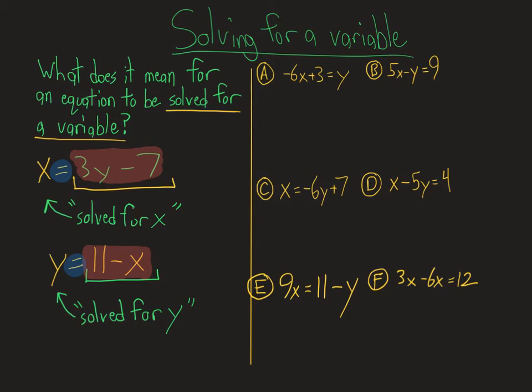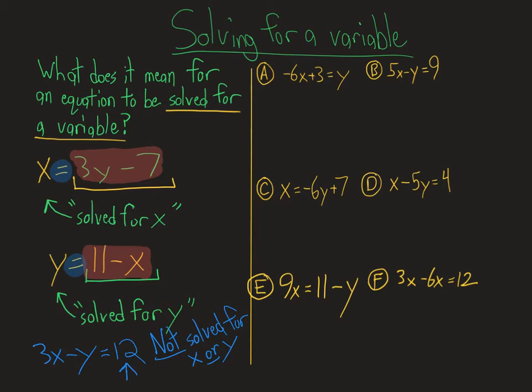Now, if we have something like this, that one is not solved for x or y. Okay, because they're not by themselves. If you want to talk in terms of being solved for, this equation is solved for the constant, which isn't something we ever do in math.